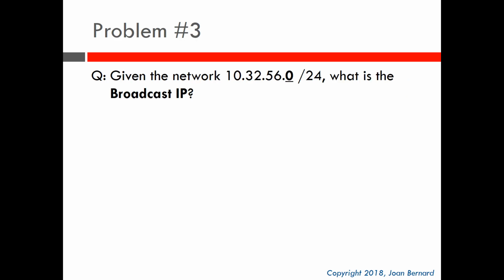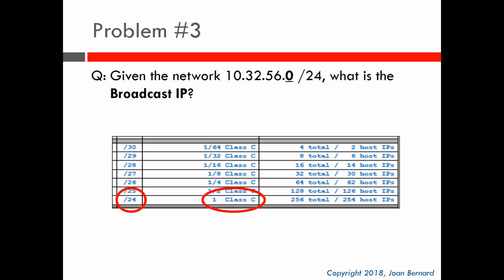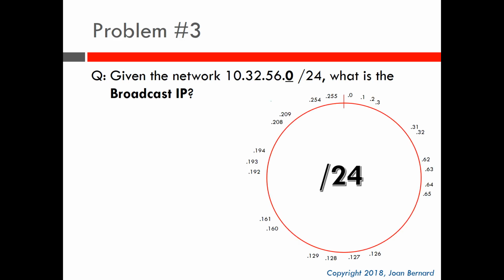Given the network 10.32.56.0/24, what is the broadcast IP? As we look at the subnetting cheat sheet, we're going to find the /24 CIDR notation and then look to the right. It reminds us that a /24 is one class C, and we know that one class C can be represented as one wheel or one pi.